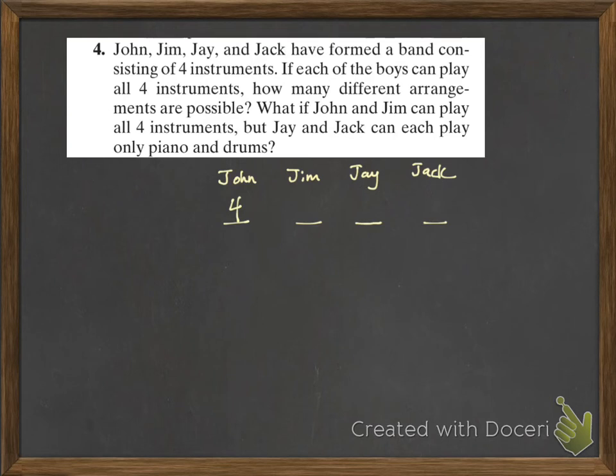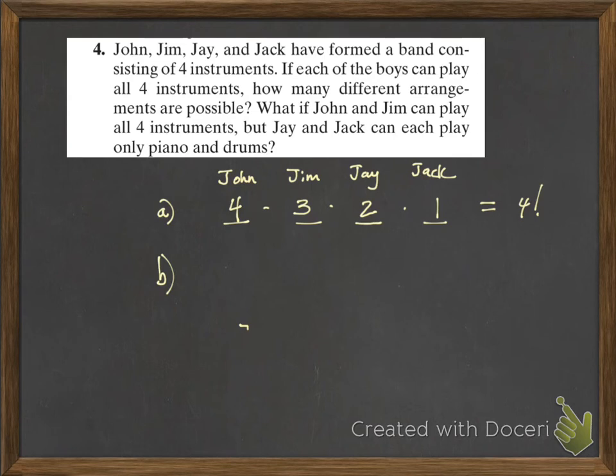Once he's picked an instrument, then Jim has 3, then Jay has 2, and Jack is left with the last one. So this first question is 4 times 3 times 2 times 1, or 4 factorial.